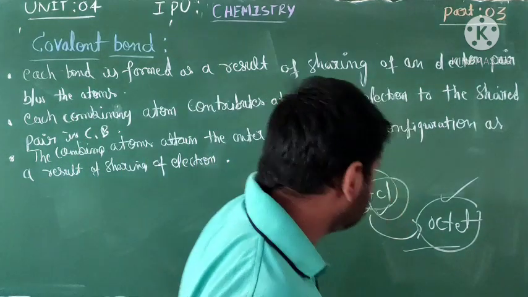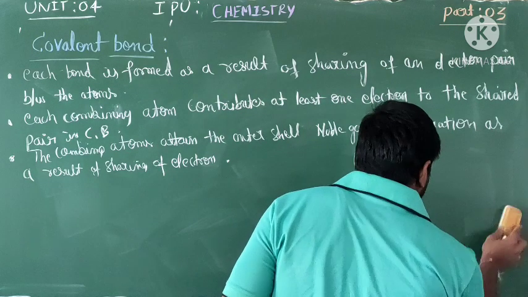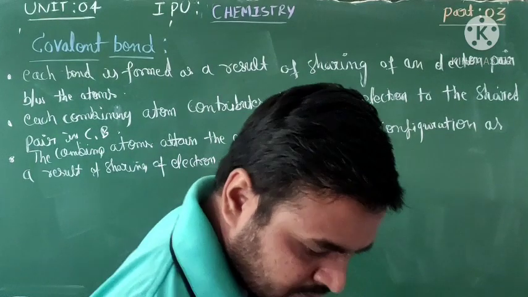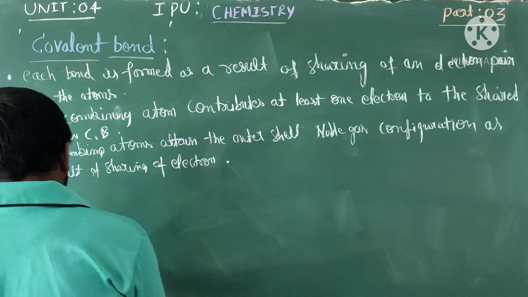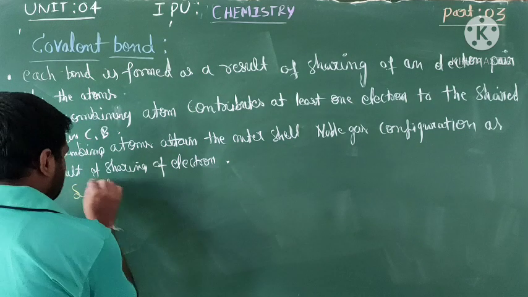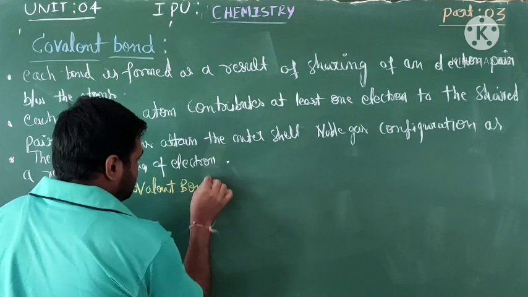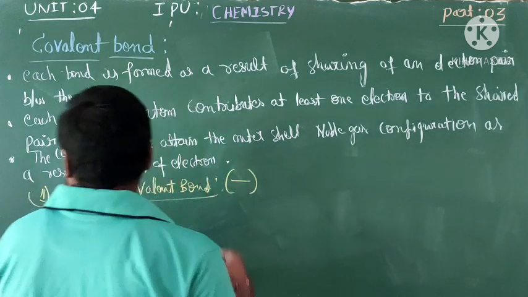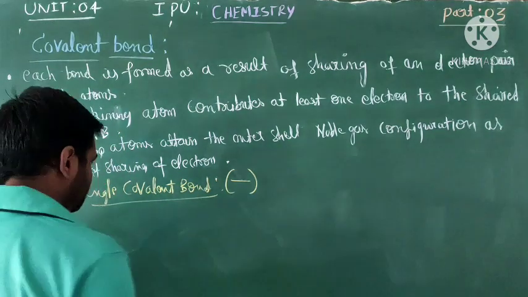So the first point is the single covalent bond. How is it formed? What is the definition of a single covalent bond?